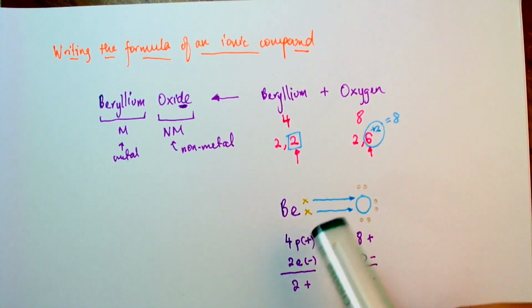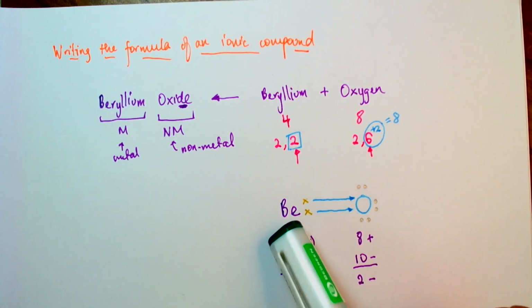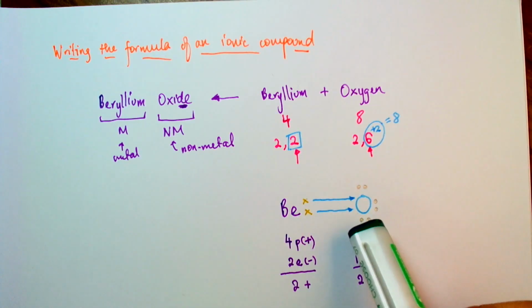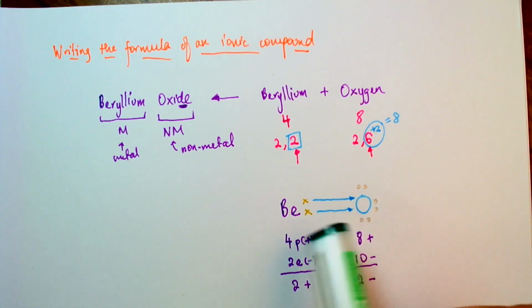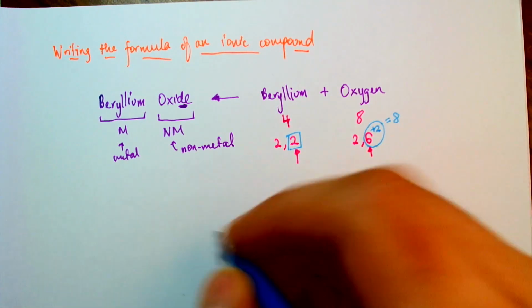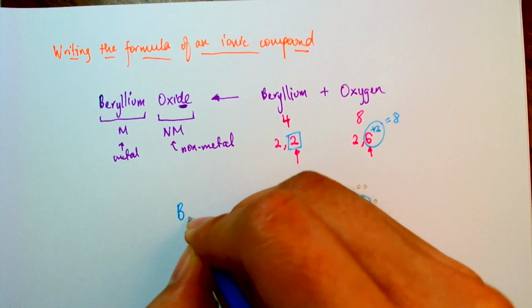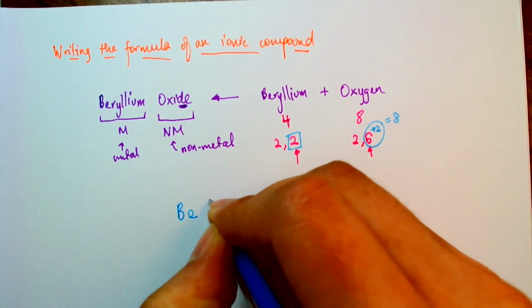So we see here that each beryllium is perfectly happy giving all of its electrons to one oxygen, and each oxygen is perfectly happy taking all of the electrons from one beryllium. So the ratio in which they would react would just be 1 to 1. So we represent that as a formula by saying that beryllium oxide has formula BeO.